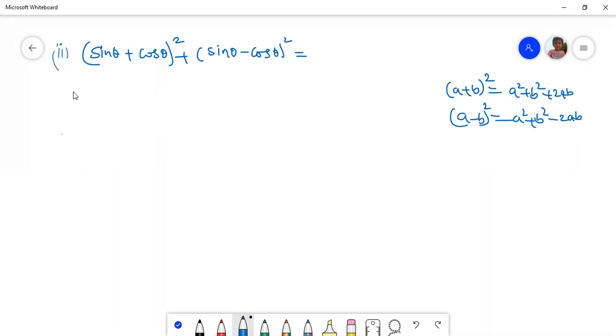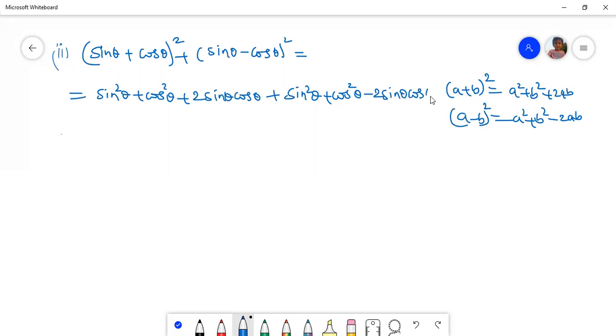Here we can expand: sin square theta plus cos square theta plus 2 sin theta cos theta, plus sin square theta plus cos square theta minus 2 sin theta cos theta.